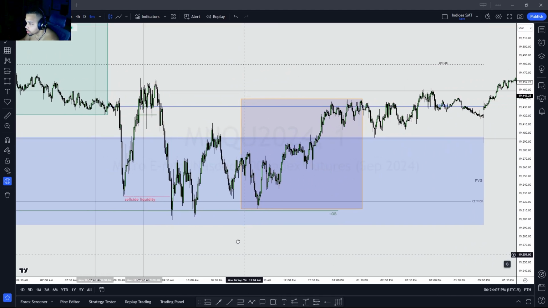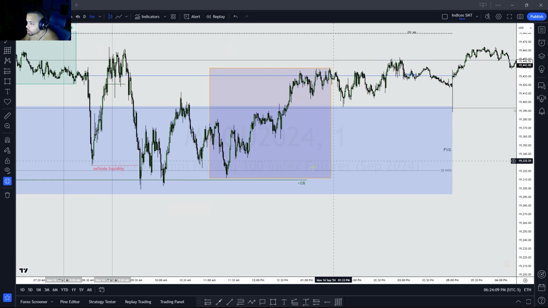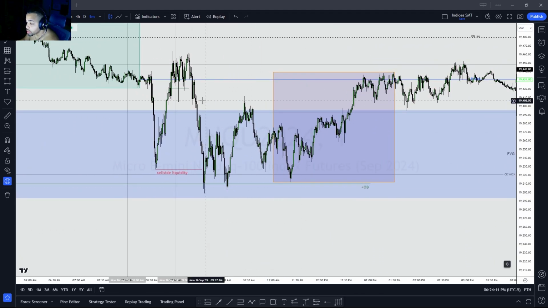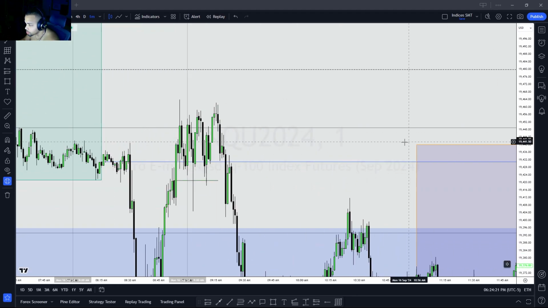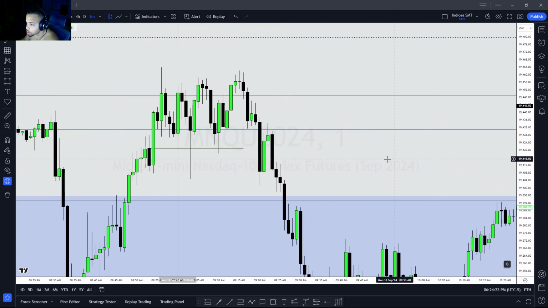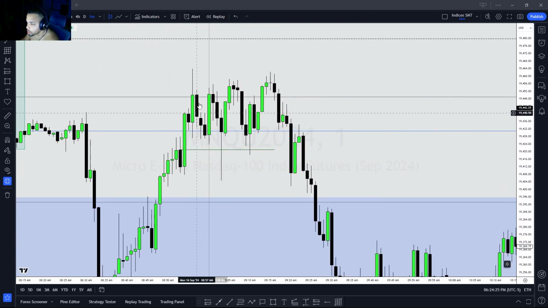But again, like I said, this right here is simply just Monday's price action. We still have a lot of things going on for the rest of the week, and I just want to say to myself: when you get caught up in price action like this, don't be so quick to enter another position.